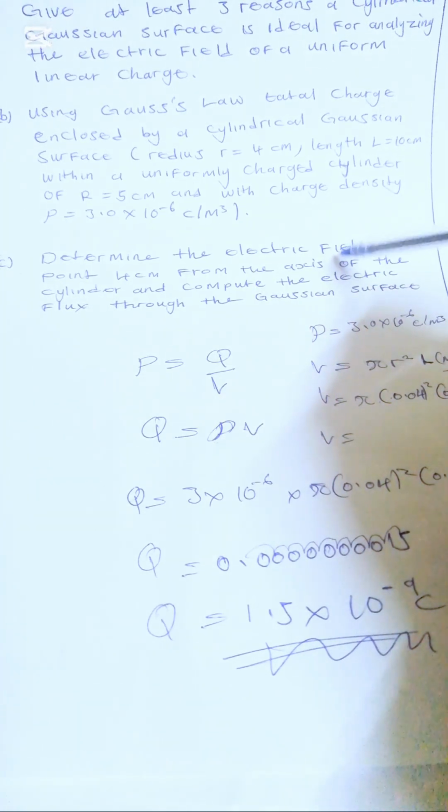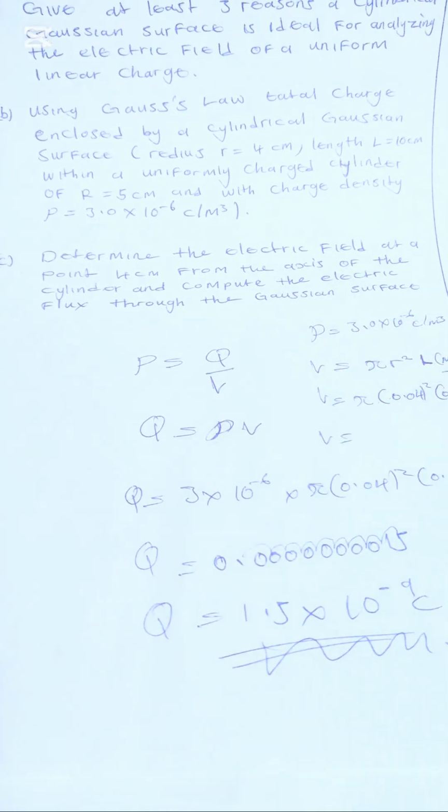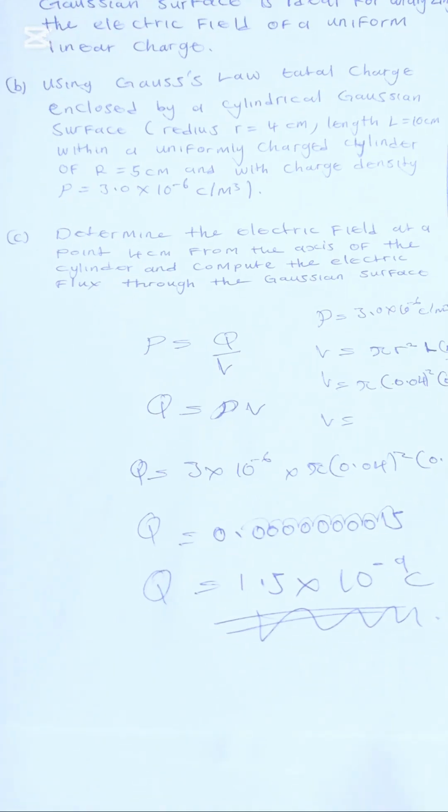So for the electric field, we are going to apply the formula. Let me just do this. So electric field of a cylinder, we said it's E equals lambda over 2 pi r epsilon 0.